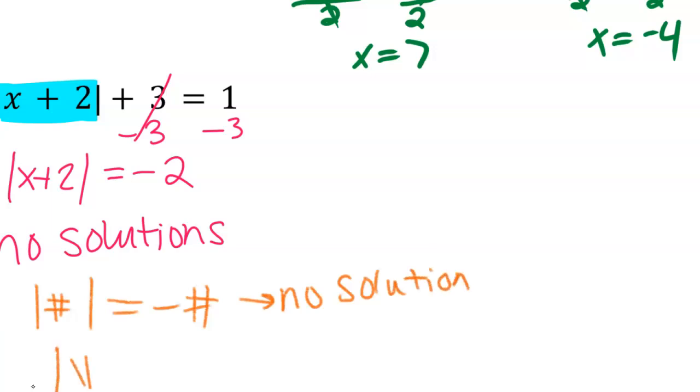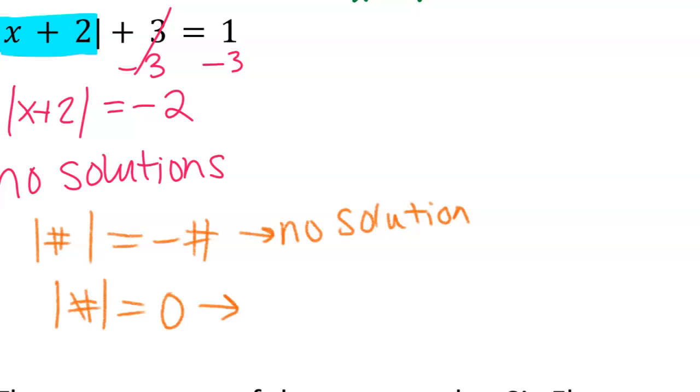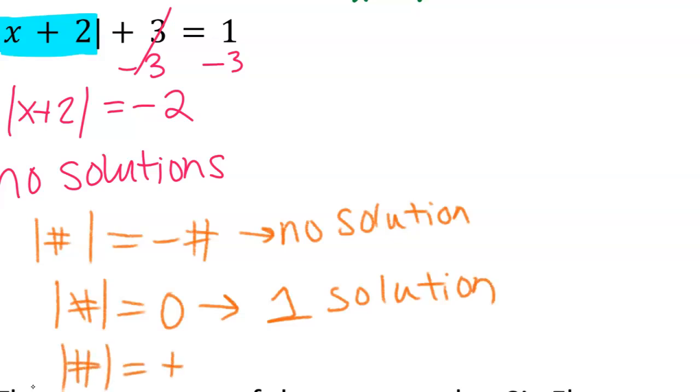If the absolute value of some number is equal to 0, how many solutions do we have? One solution. And if the absolute value is equal to a positive number, that's when we have 2 solutions.